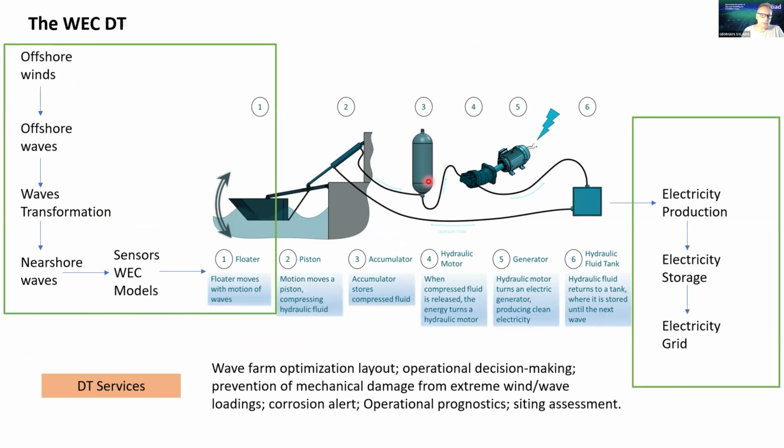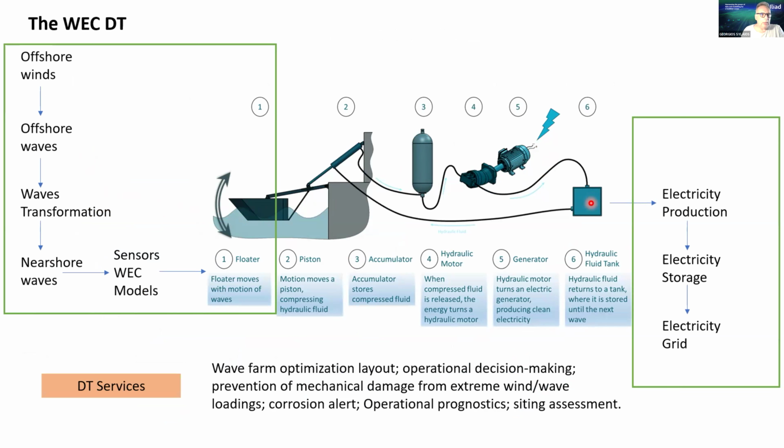And there is a pressure accumulator over here, and based on the pressure which is exerted, we are able to rotate this hydraulic motor by which we are producing energy, and the energy is stored at the end of the loop.